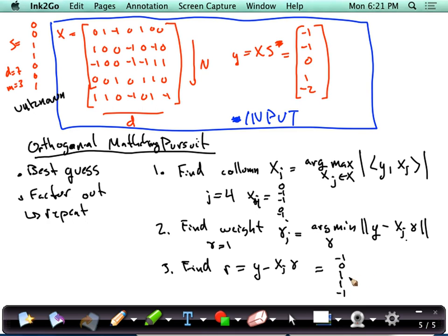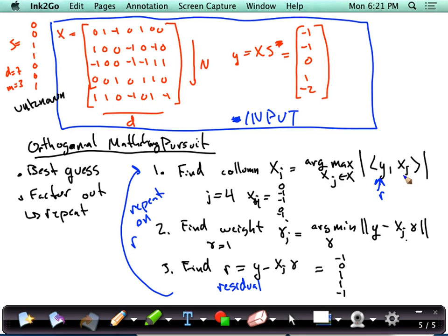Okay? And so then I'm going to repeat this, but instead of repeating it on the original y, I want to repeat on R. This R is called the residual. So instead of y, this is now R. This is the arg max of what's left.